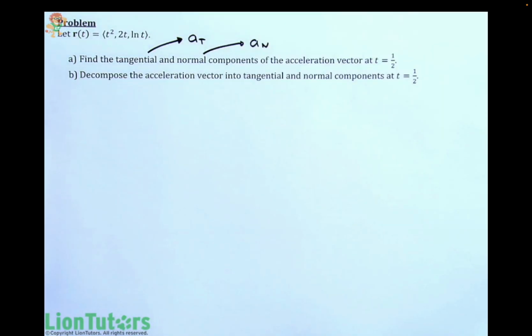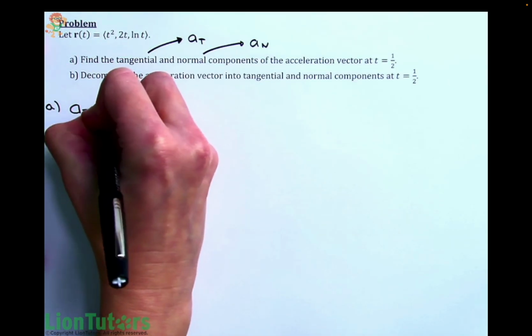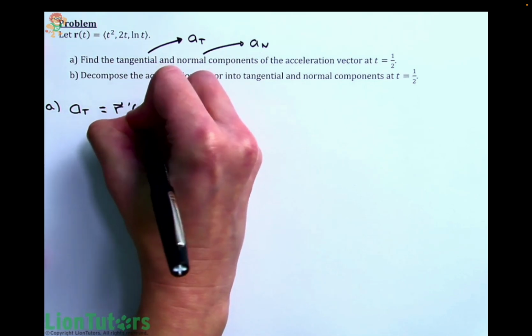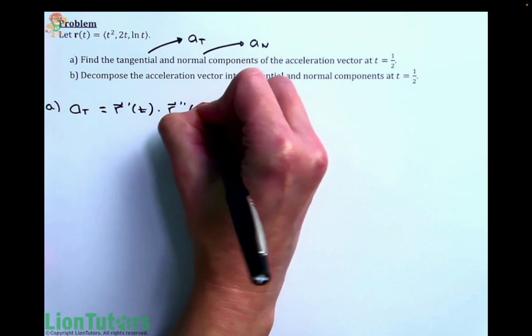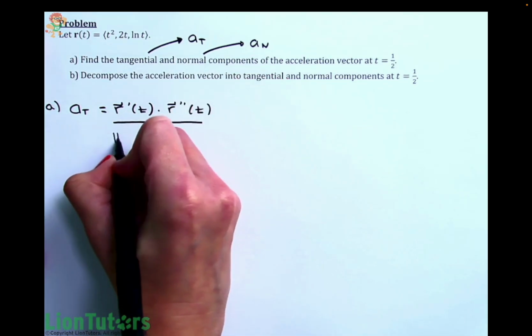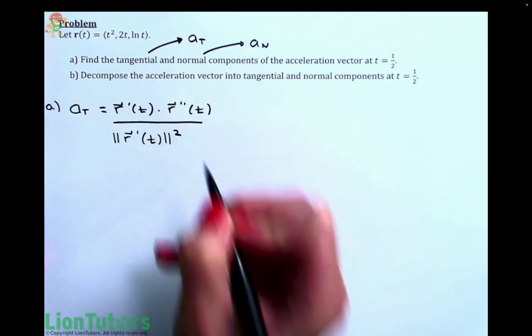So I'm going to go ahead and write down that formula for a sub t, the one that I'm going to use anyway. So a sub t is going to be equal to r prime of t dotted with r double prime of t, over the magnitude of r prime of t squared.